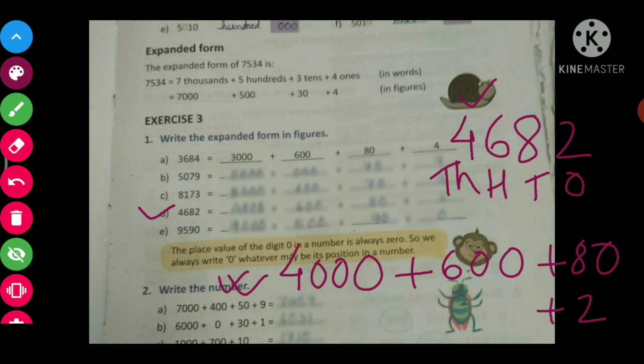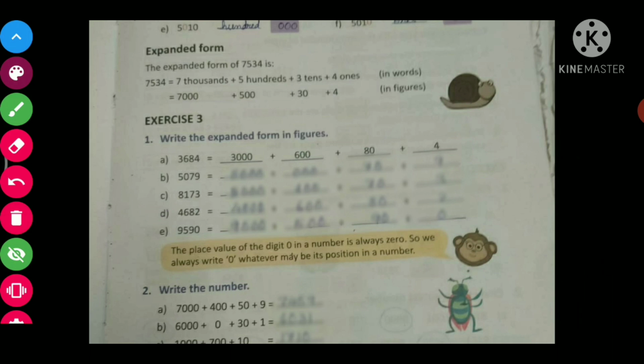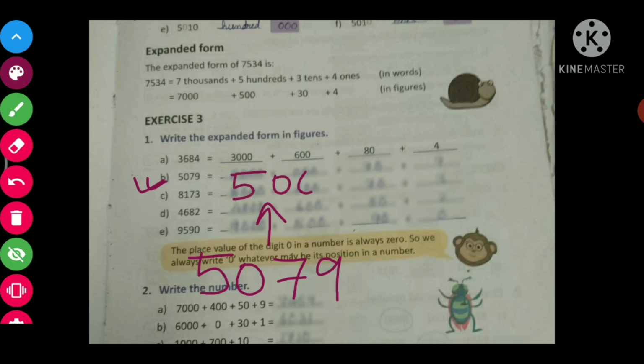One more thing, let me tell you, if you are writing the expanded form of any number, suppose this B number, 5079, right? So the expanded form is what? 5000, then what I write? 3 zeros I wrote, right?